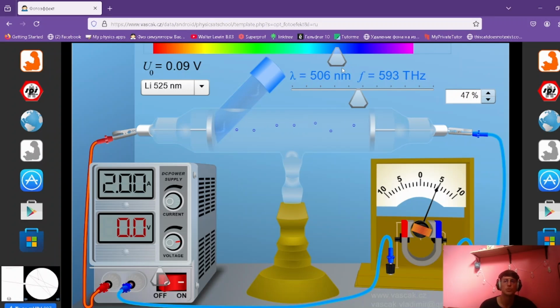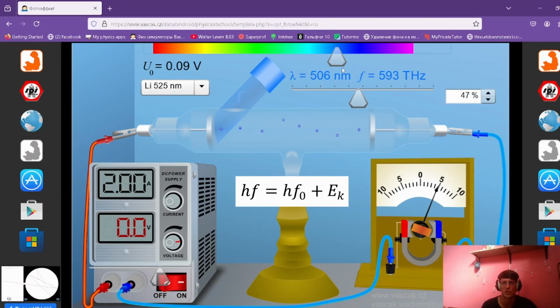And we can use Einstein's equation for photoelectric effect. You can see it now on the screen. hf, this is the energy of light that we shine on the plate. hf0, this is the work function, the minimum amount of energy that we need to just eject these electrons from the metal. And kinetic energy, this is the kinetic energy of the electrons.